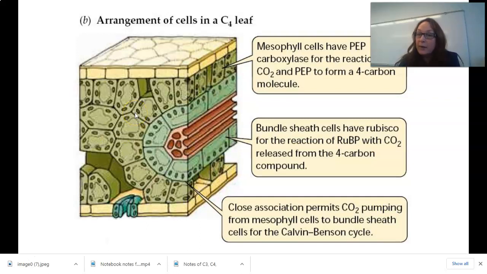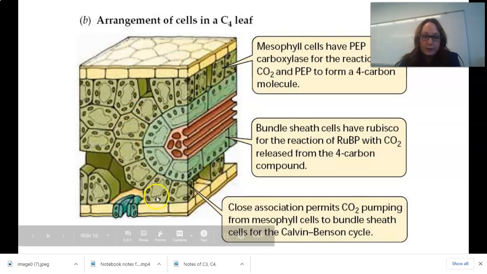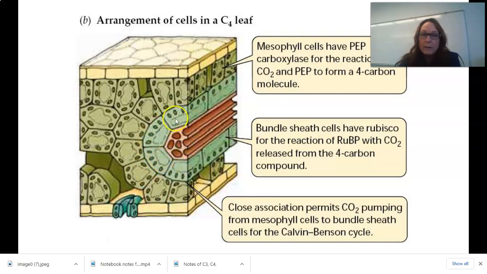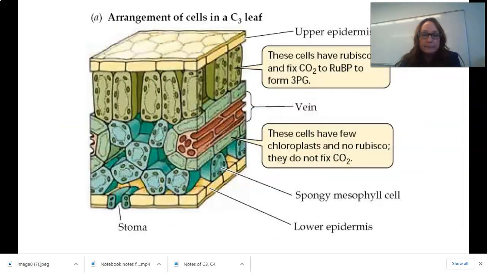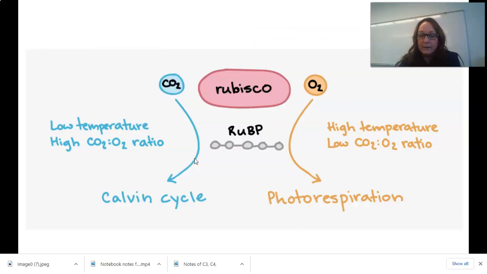Here's the other thing that's different. Here's your mesophyll cells, and here's your bundle sheath cells, but the bundle sheath cells in a C4 plant have chloroplasts. If we go back to here, you'll notice not only are there air pockets, which the C4 plant doesn't have, but the bundle sheath cells that surround the vascular tissue don't have chloroplasts, so could not do any portion at all of photosynthesis.